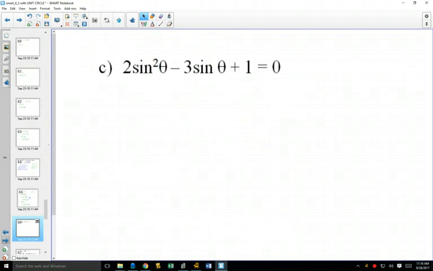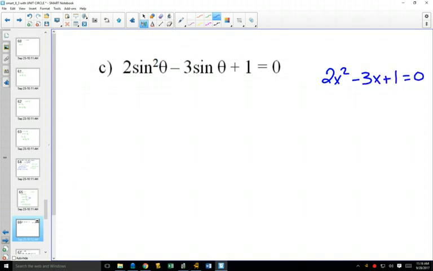Factoring skills continue. We have another quadratic equation. If you had something like 2x squared minus 3x plus 1 equals 0, how did you solve those questions? You'd factor. Now, you might have had some longer techniques for factoring from grade 11.